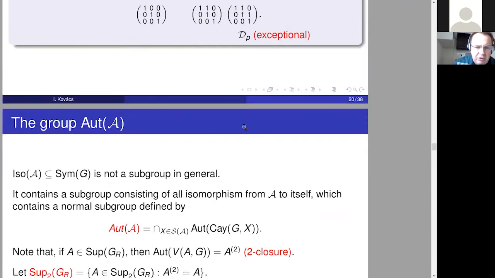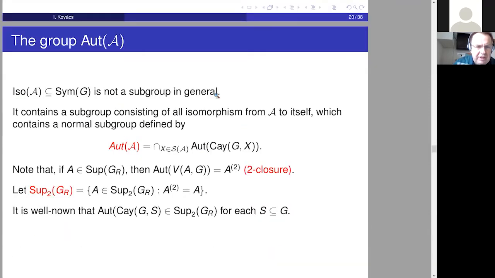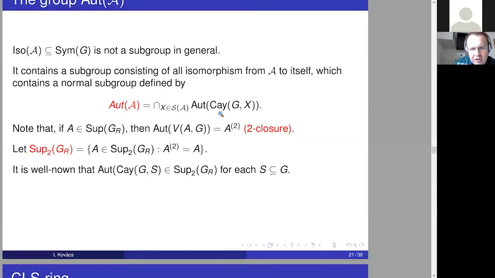Okay, so these are isomorphisms, and now we can define the so-called automorphism group of the S-ring. First observation: the isomorphisms are clearly not a subgroup in general, but they contain a subgroup consisting of all the automorphisms. This is just the intersection of the automorphism groups of the Cayley graphs, and this intersection is called the automorphism group of the S-ring.